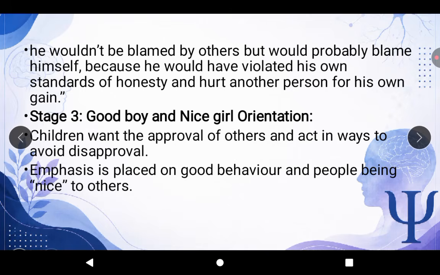Alright, so as in the previous example I gave, that particular person will be blamed by others. But they would probably also blame themselves, because they would have violated their own standard of honesty and hurt another person for their own gain. So in the previous example, the person will be guilty of some kind because they have broken into a farmer's shop, stolen the medication, and violated a certain law, and also their own standard of honesty.